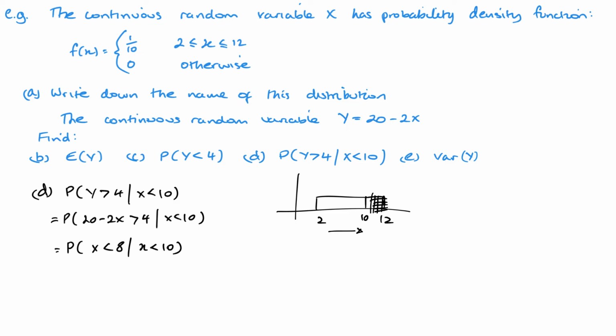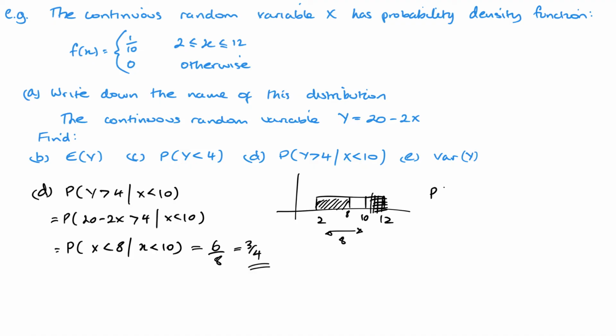I now have a distance of 8, and I want to know what portion is less than 8. A bit confusing. And here it is. I've got a distance here of 6, and my overall distance was 8, so we got 3/4 there.